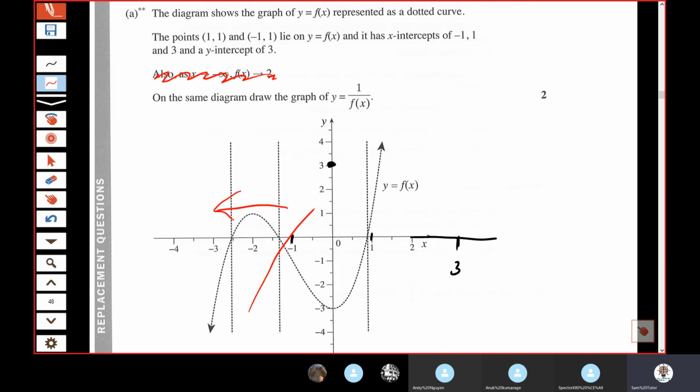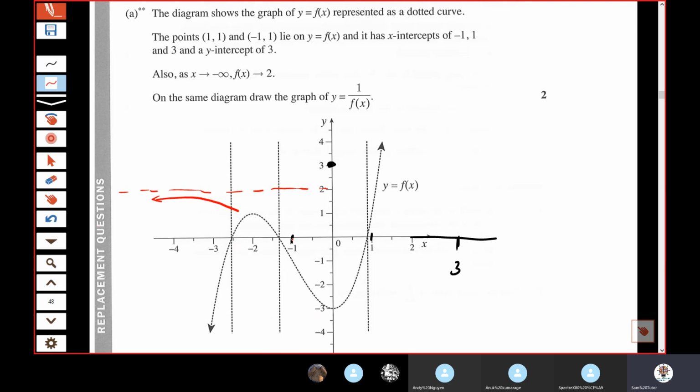So as x is approaching negative infinity, my y values are approaching negative infinity as well. But the question is telling me, as x is approaching negative infinity, your y value has to be approaching 2. So approaching 2 is here. That's an asymptote. It's not going to go through 2. So that means as x approaches negative infinity, it's going to approach 2, so it looks like this.